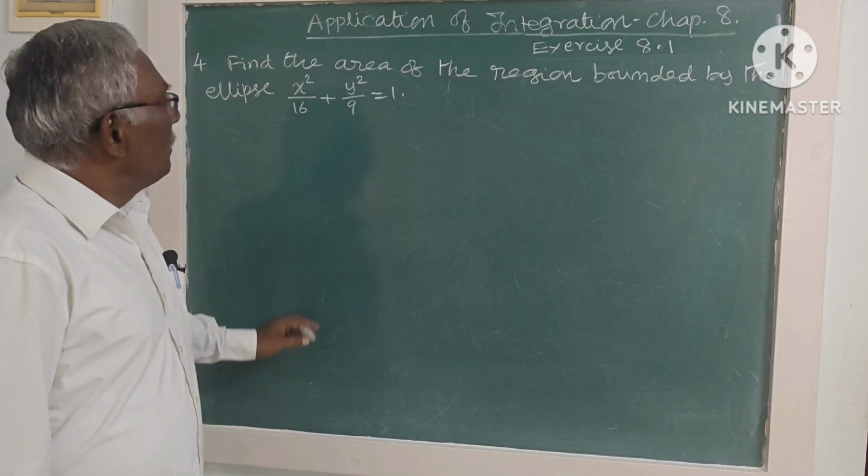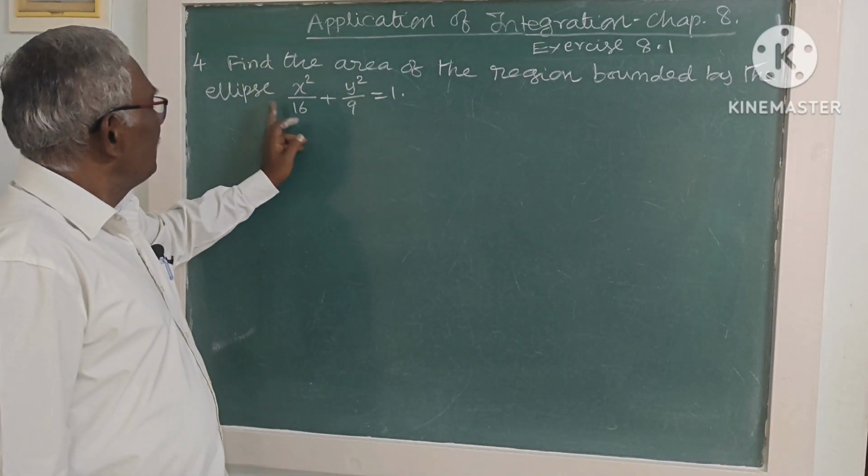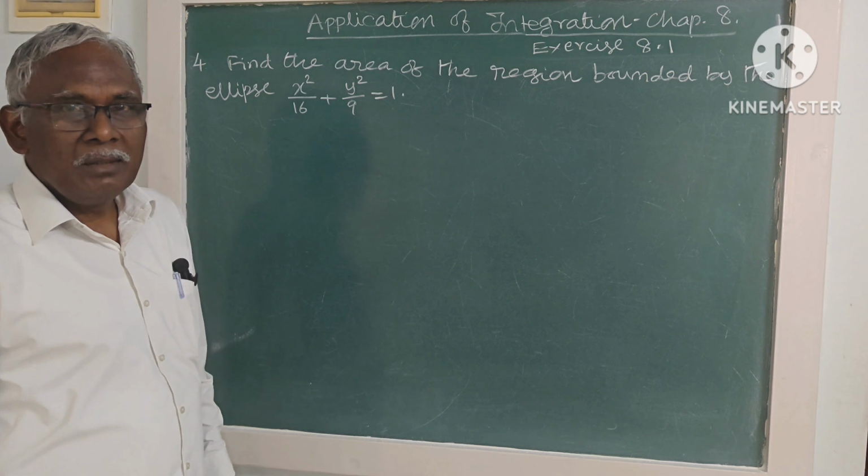In this problem, we have to find the area of the region bounded by the ellipse x squared by 16 plus y squared by 9 is equal to 1.